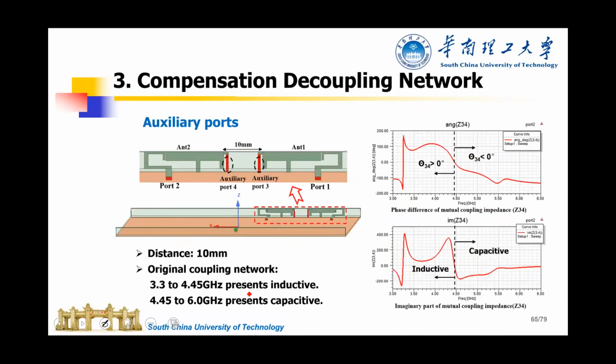Now we introduce the auxiliary port here. With this auxiliary port, we can get the coupling scattering parameters like this.